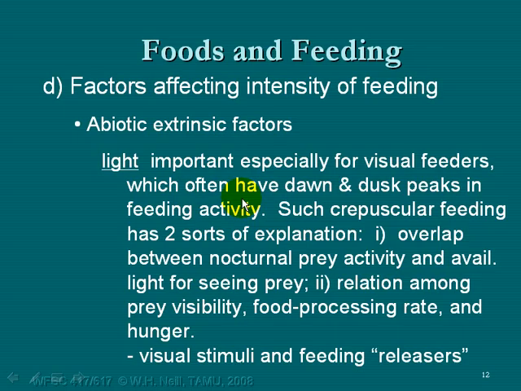So let me say before I get to that slide that we got this activity overlap with the detection ability on the part of the predator. And then the second thing is maybe a derived relationship having to do with the food processing rate, and there's evolutionary adaptation to the day-night interval, so that if you fill up at dawn or an hour or two later, then you digest and process that food so that you're hungry again by dusk.